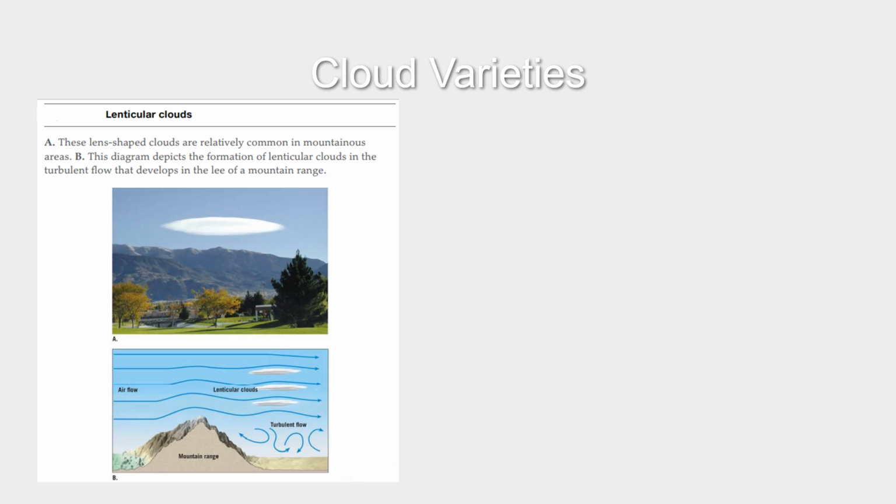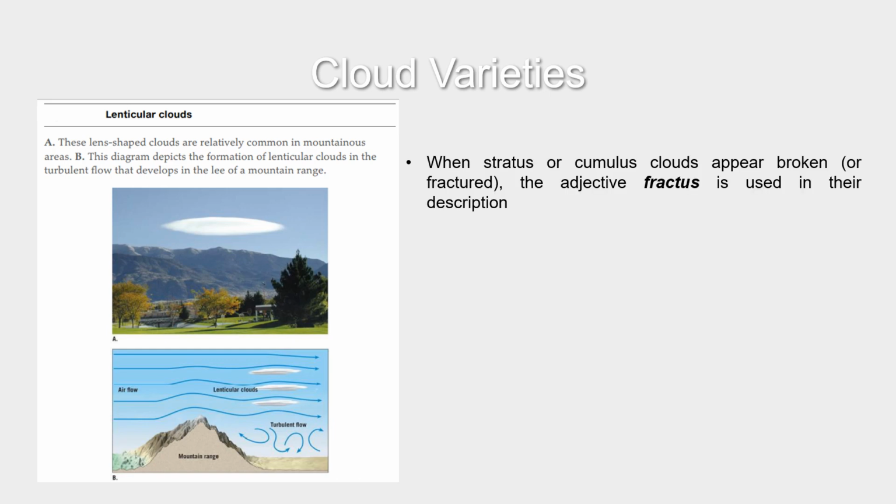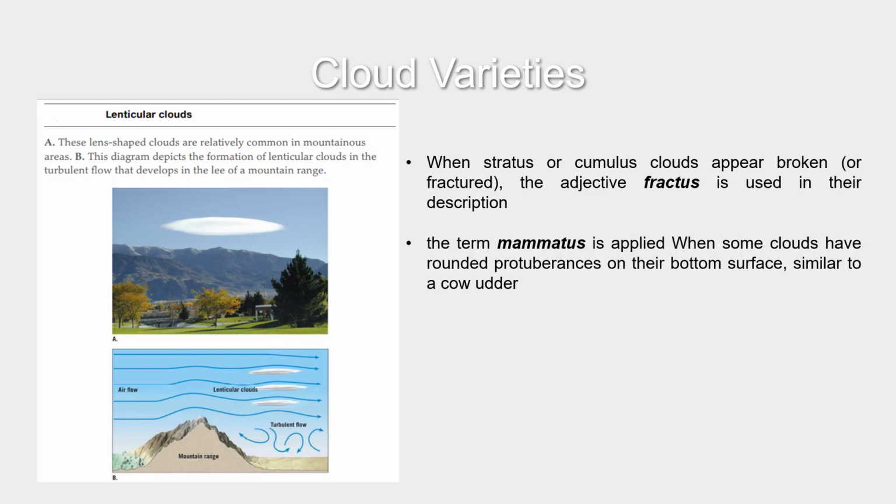Another term that describes cloud varieties is fractus, which is used in their description when stratus or cumulus clouds appear broken or fractured. Also the term mammatus is applied when some clouds have rounded protuberances on their bottom surfaces, similar to a cow udder.